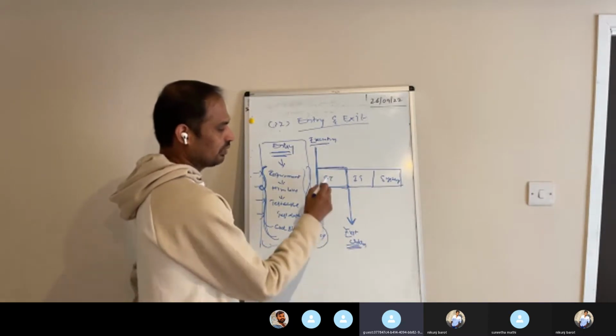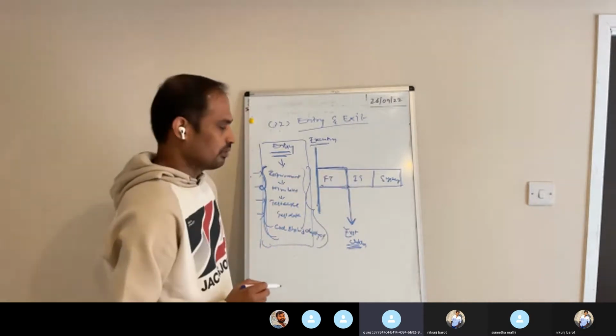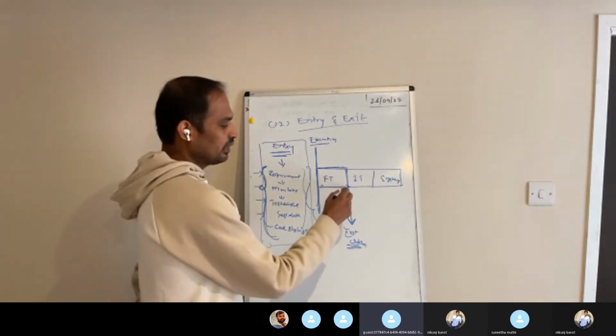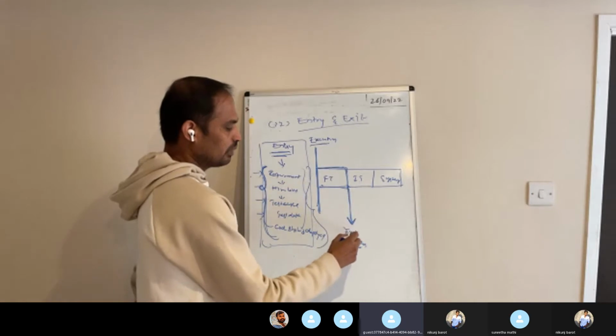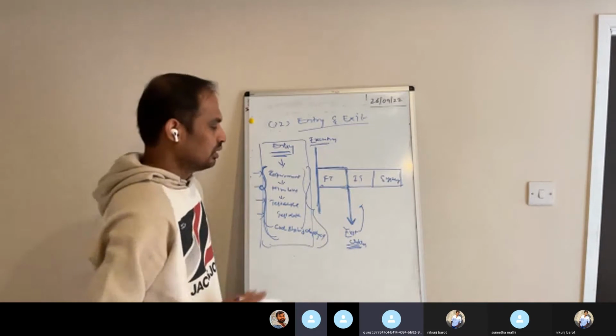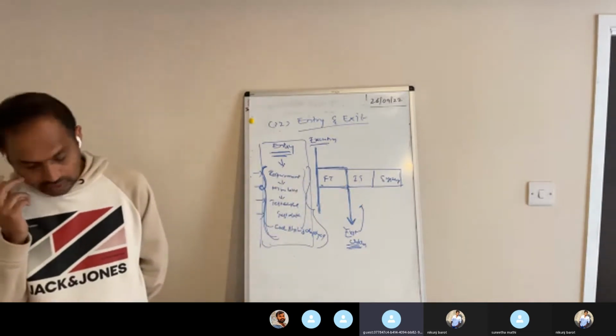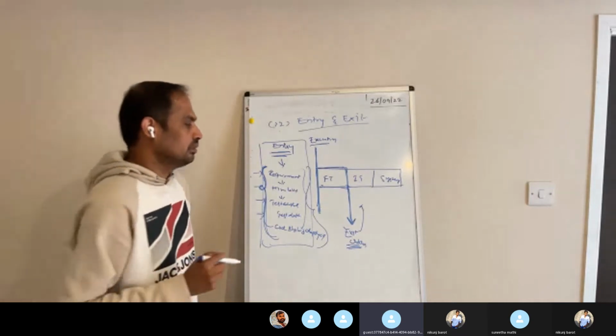This is the exit criteria for functional testing and the entry criteria for integration testing. So what are the things that we need to finish to go to integration testing?